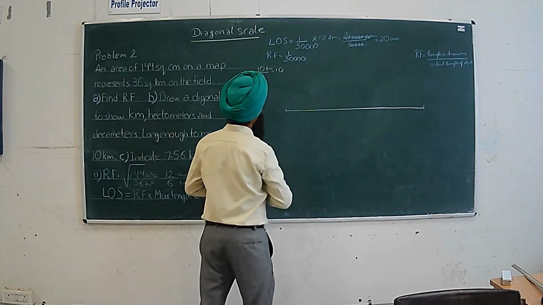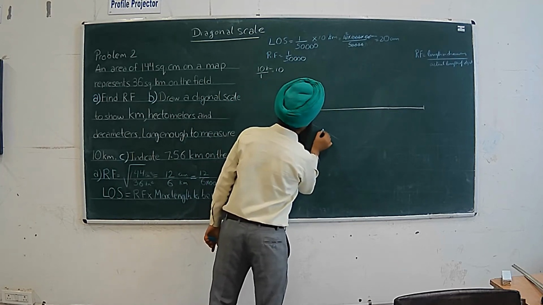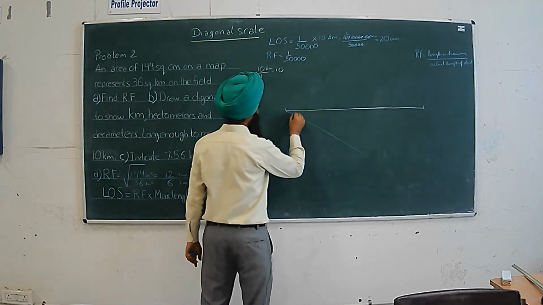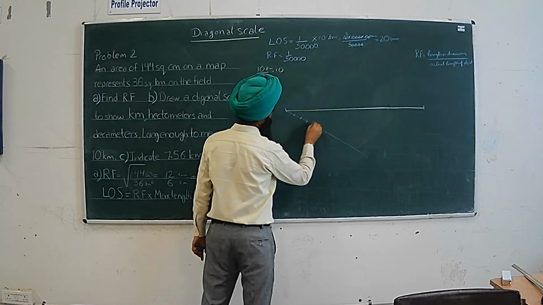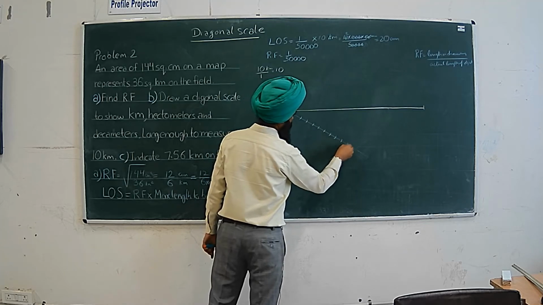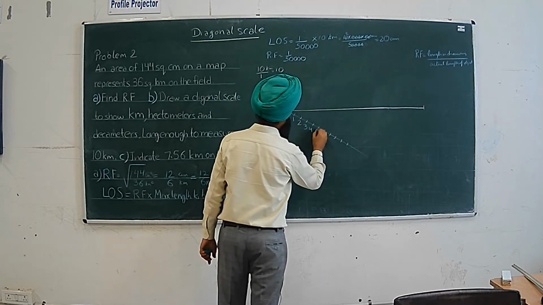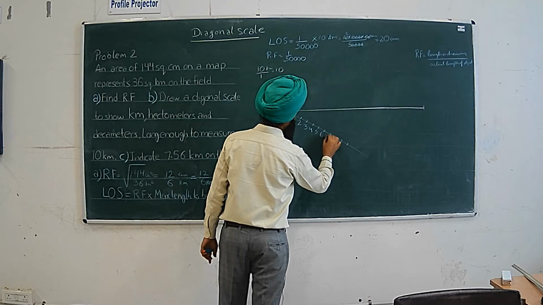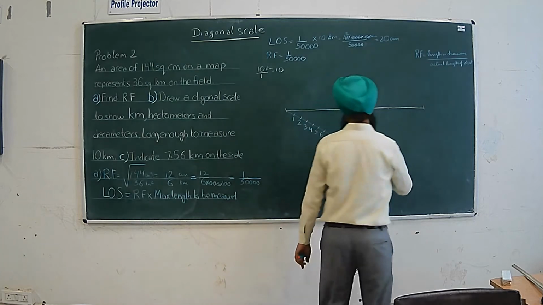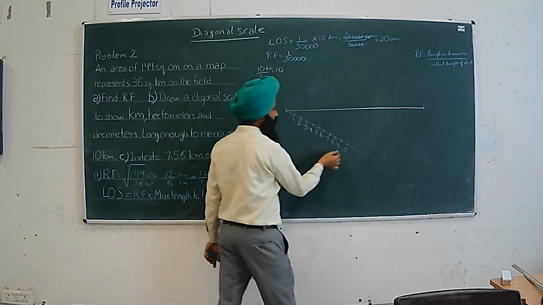For that we'll draw an acute angle to this line. Divide this acute angle into 10 equal parts. Write the count of the marks made by compass or arcs made by compass. So these are 10. Join the 10th part with the end point of our line directly.